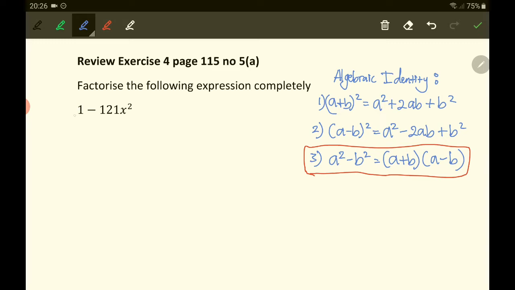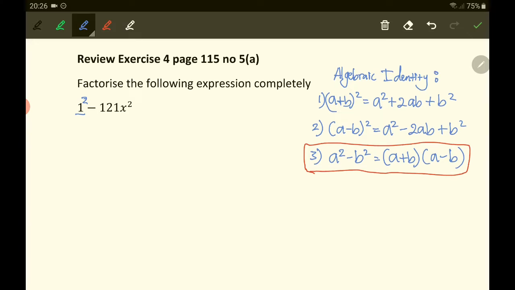The one here is a perfect square, the same as 1 squared. And 11x is like 11 squared x squared. So we can rewrite this as 1 squared minus (11x) squared, almost the same form. Now 1 is a and 11x is b.